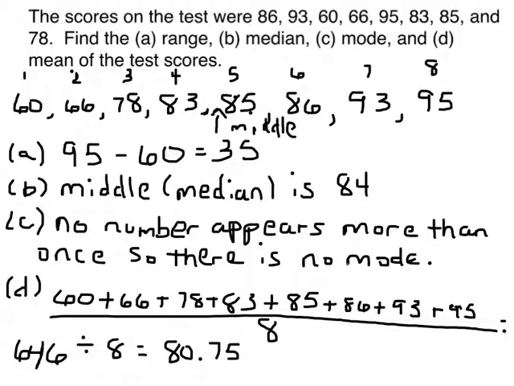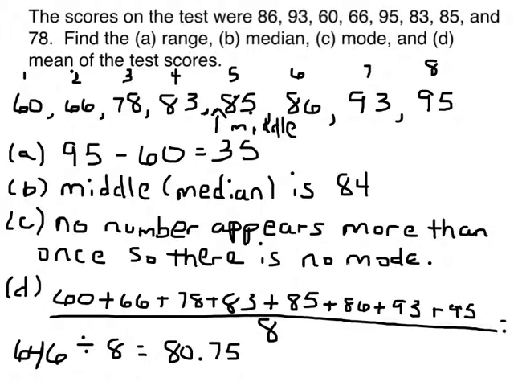The first thing you see that I did was to line them up, like I said, from least to greatest, and then to help myself, I put how many numbers there were. All right, so let's do range first. The highest number is 95, lowest is 60. 95 minus 60 is 35, so the range is 35.